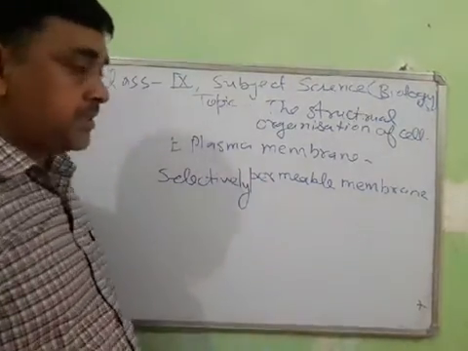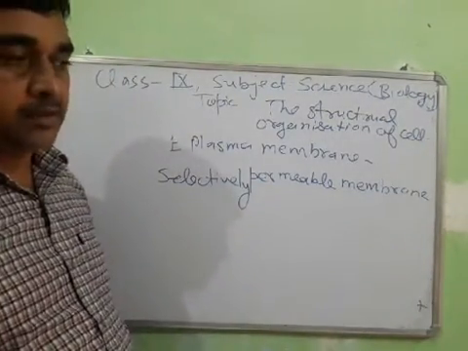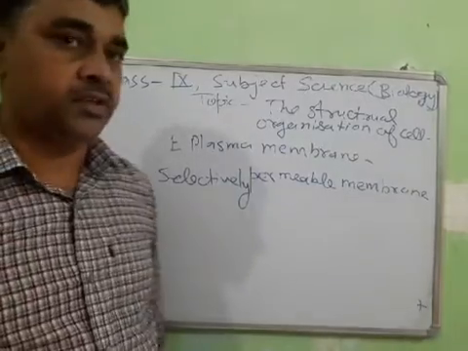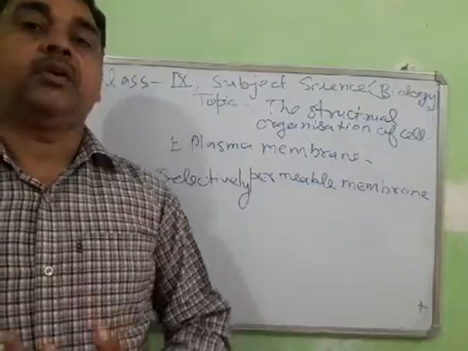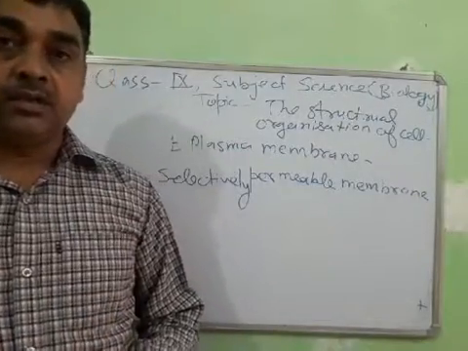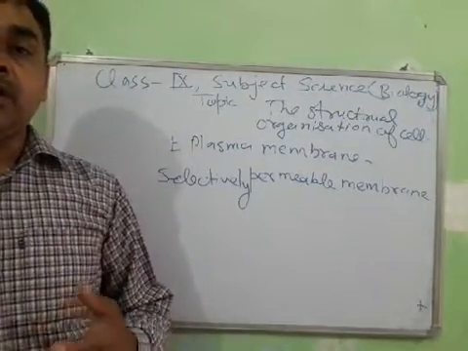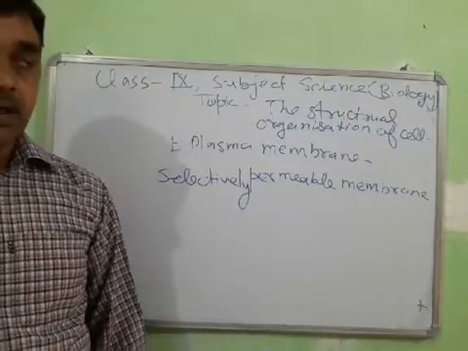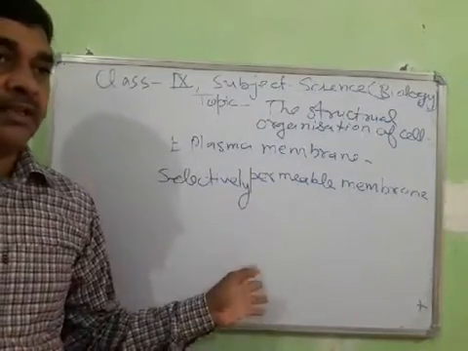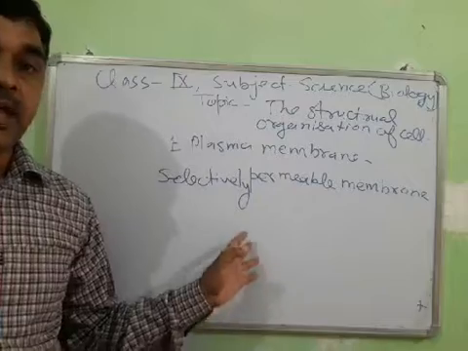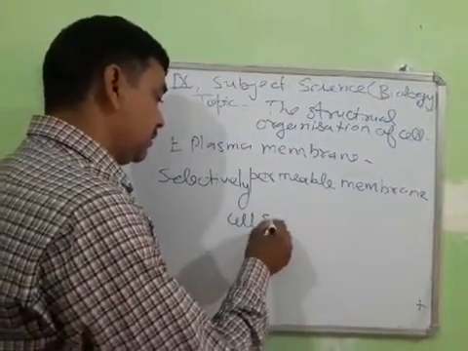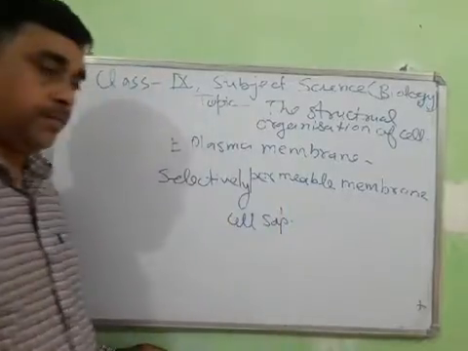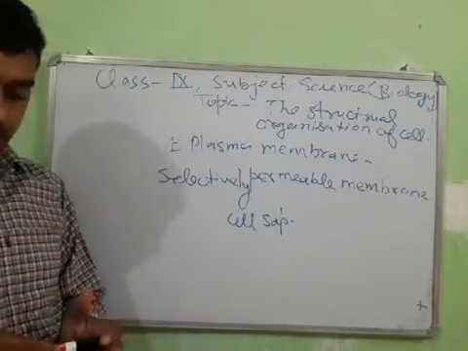Substances like oxygen enter in, and carbon dioxide, which is very toxic for the cells, is removed from the cells.